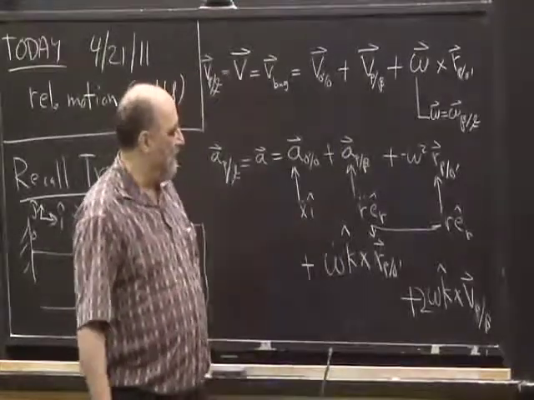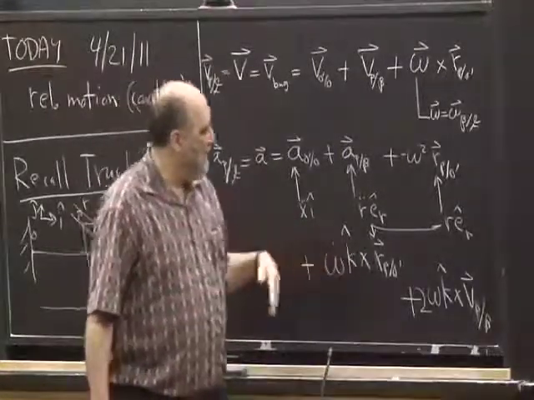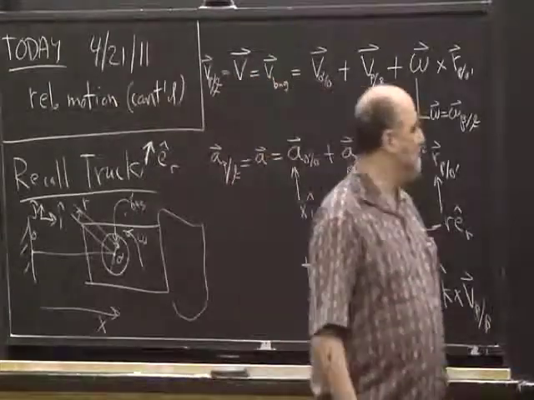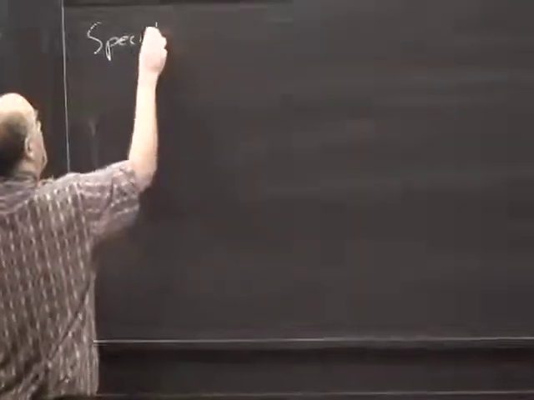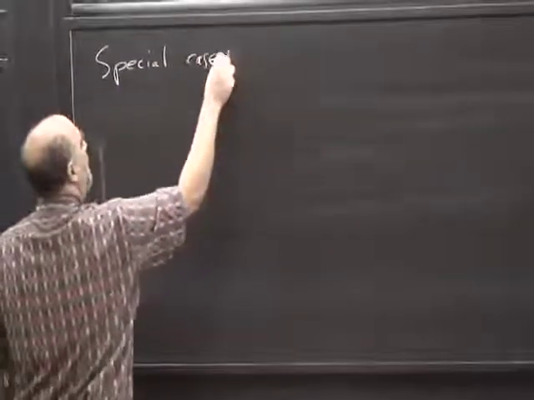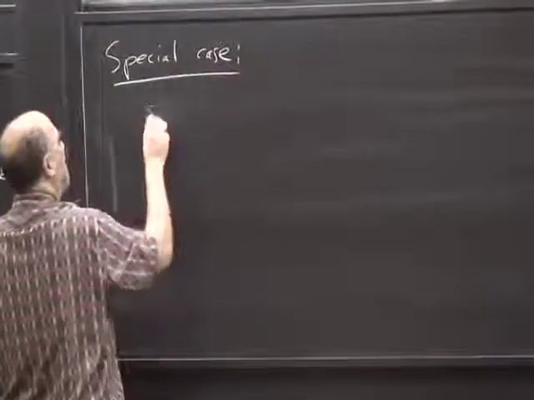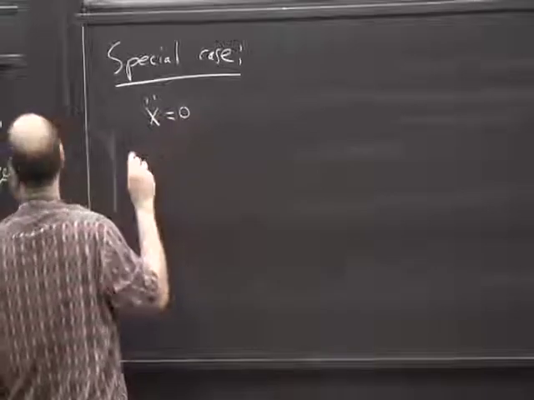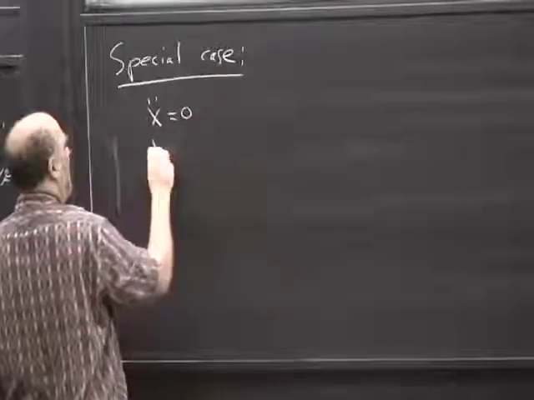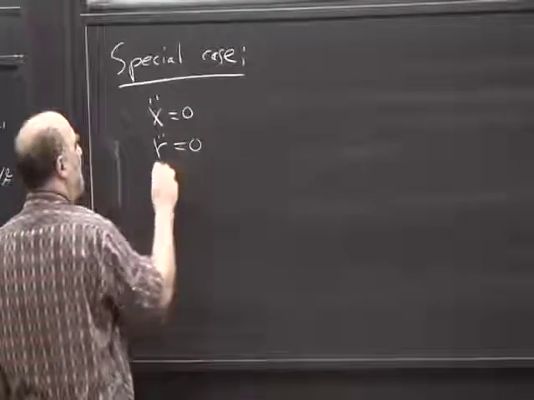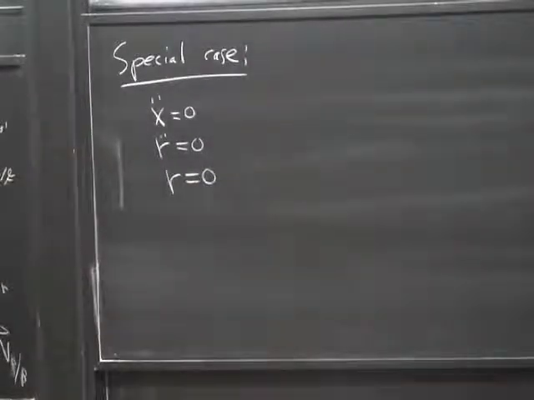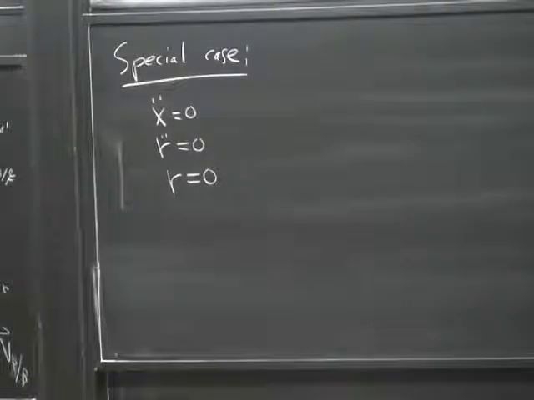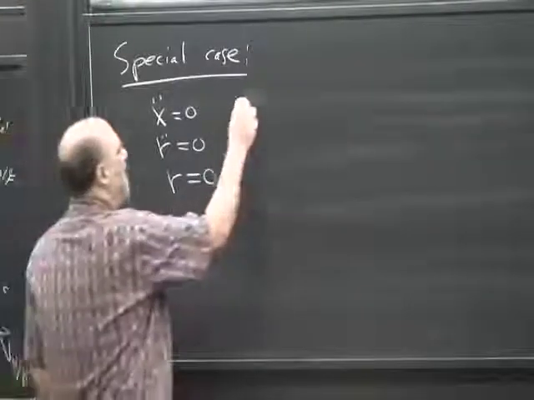It doesn't matter whether omega dot is 0 or not, but let's just make it 0 so we don't have to worry about it. Okay, so special case. We're going to have x double dot equals 0. We're going to have r double dot equal to 0. We're going to have r itself equal to 0. And that gets rid of these terms. Let's take omega dot.